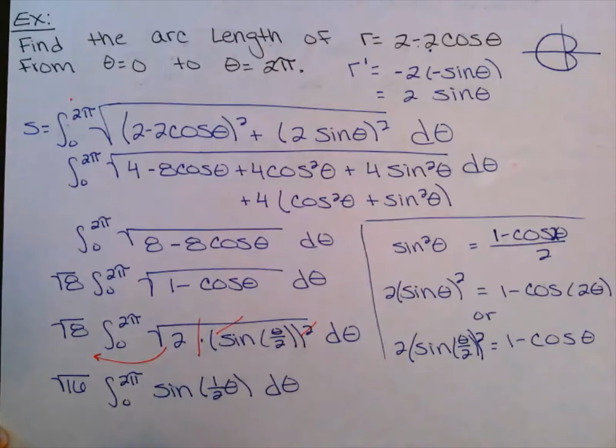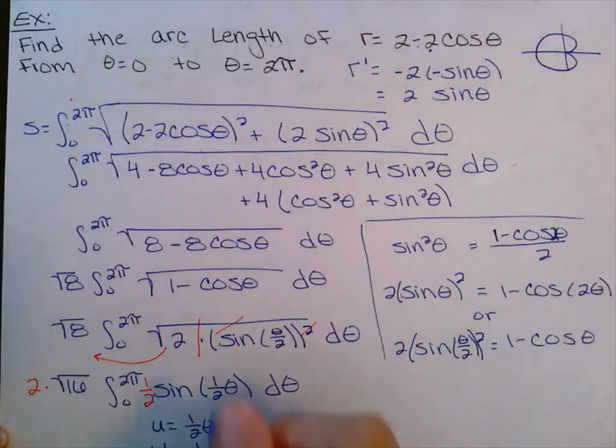Again, that square canceled out with that square root. That's why we don't see it anymore. So now I can say, all right, if my u is going to be half theta, then my u prime is going to be half. I'm missing that half, so I'm going to put it in, as long as I put a 2 on the outside.